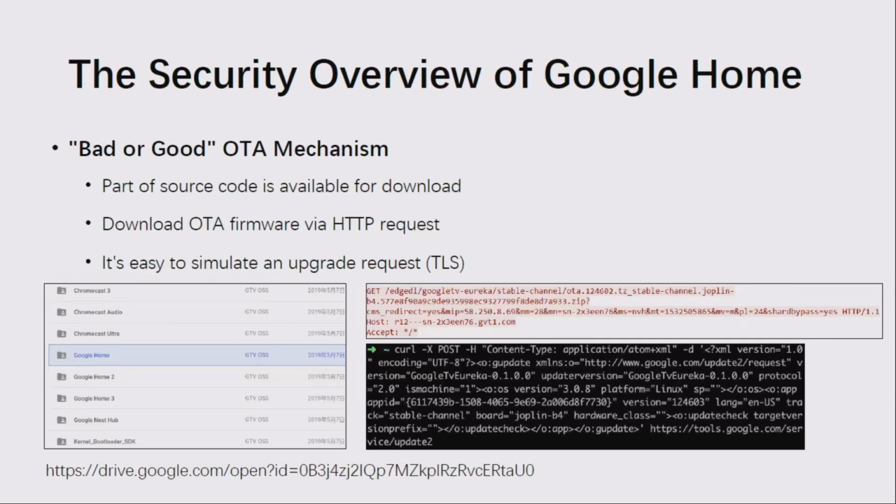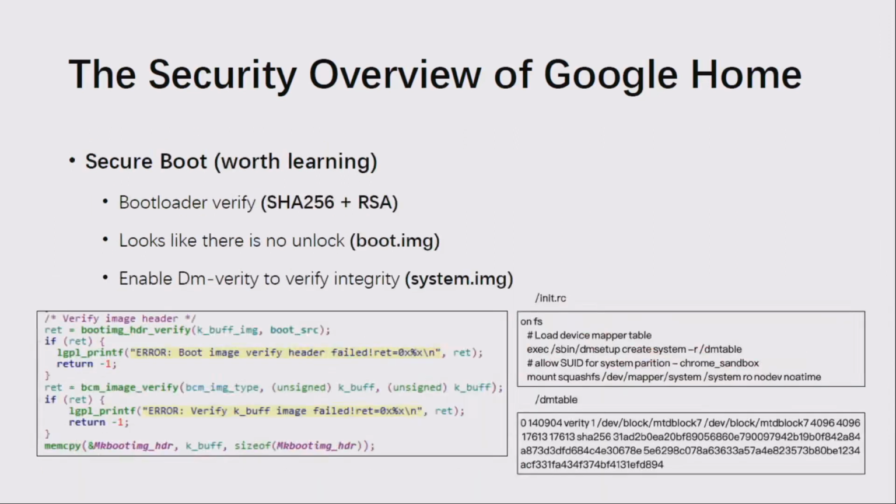Google Home uses HTTP requests to download the firmware. We can also simulate the request for device updates. The latest OTA package can be obtained by the curl command in the picture below. So we can easily get the firmware and then try to analyze it.